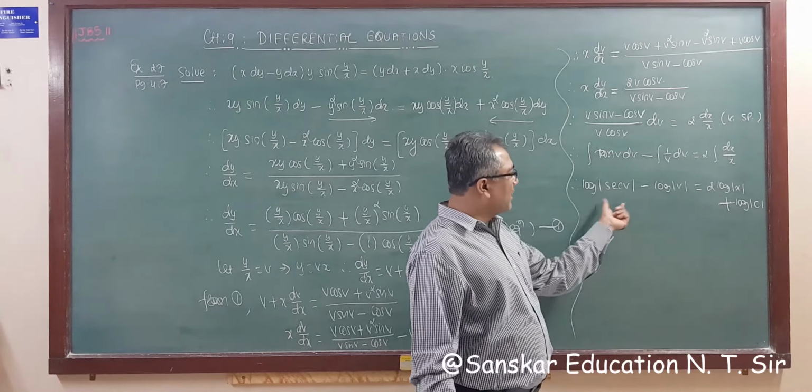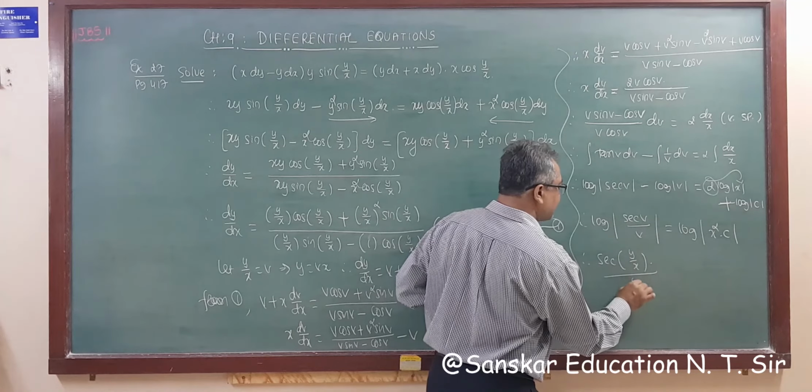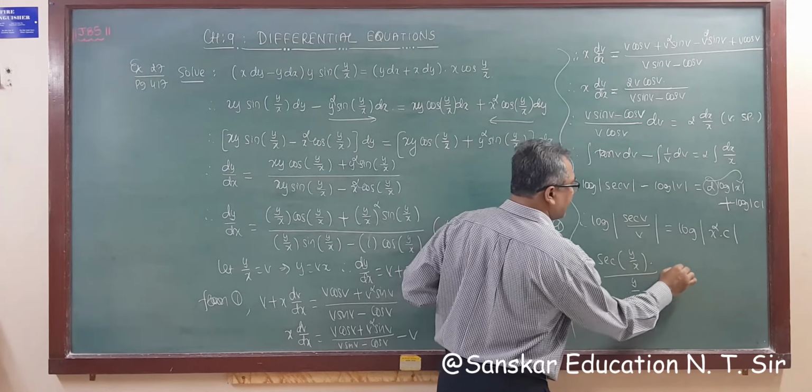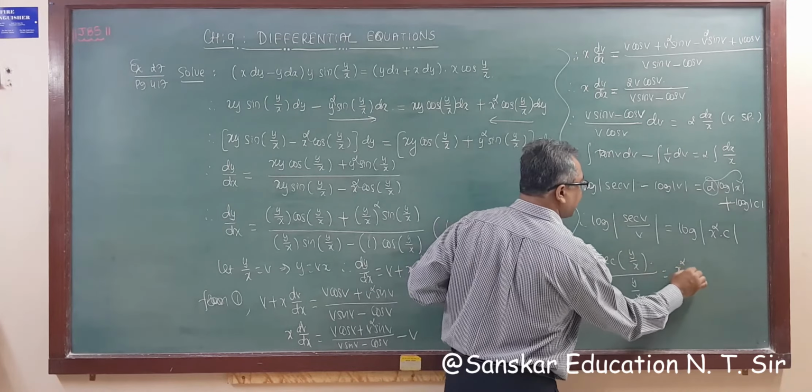So now log is a one function. So removing the log function and substituting the value of v, that is v is y by x, we get sec y by x whole upon y by x is equal to x square into c.